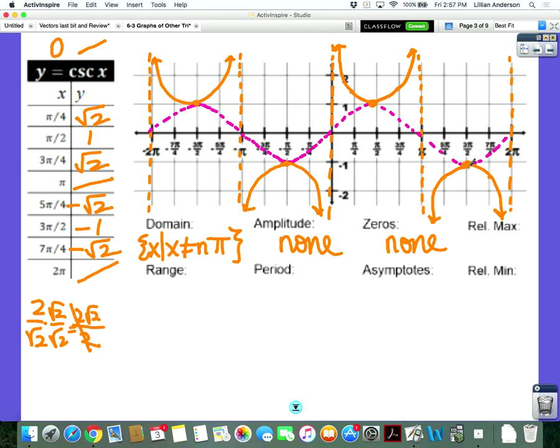No, not every pi over 2, because here's a pi over 2, but I have a min here. Every 2 pi. From here to here, isn't this 2 pi? A half, another half, another half, another half. It occurs every 2 pi, starting where? You can say negative pi over 2, or you can say 3 pi over 2. Either one would work. And every 2 pi, that's where relative max occurs.